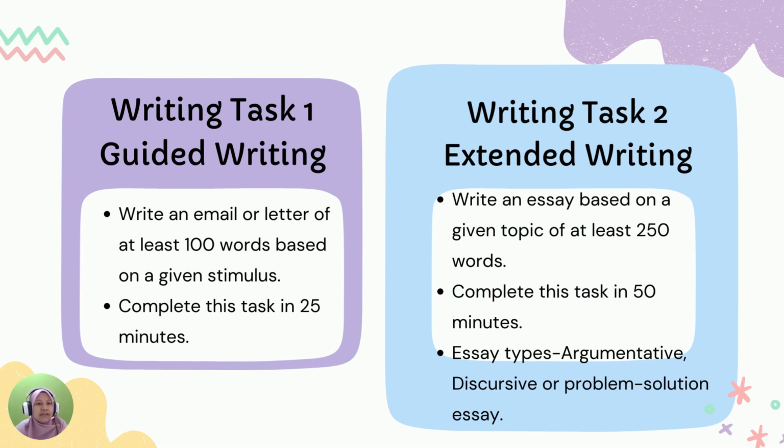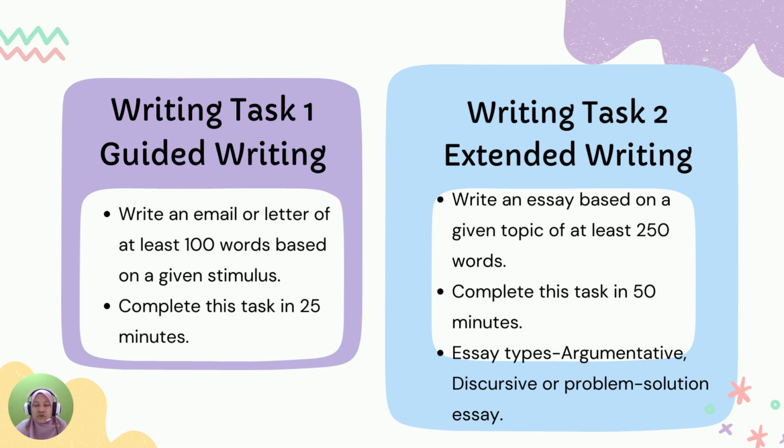For writing task 1, guided writing, you have to write an email or letter of at least 100 words based on a given stimulus. You are highly encouraged to complete this task in 75 minutes.